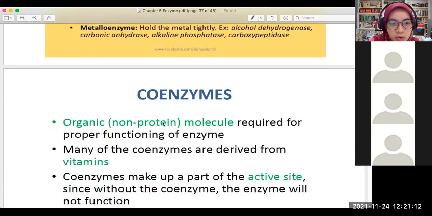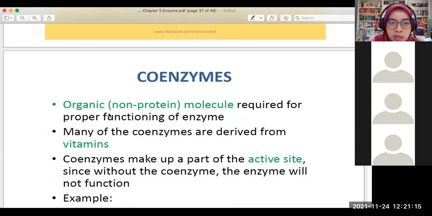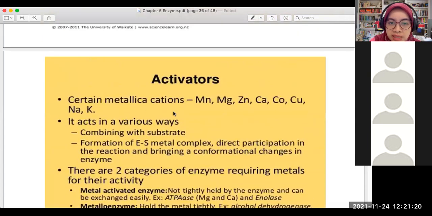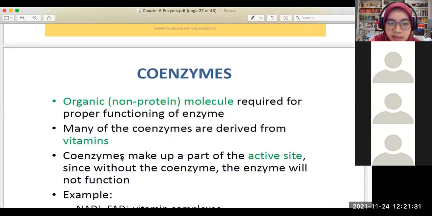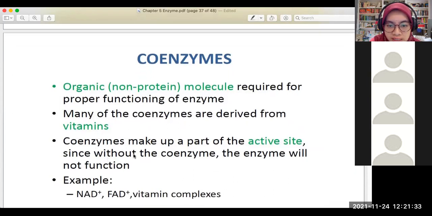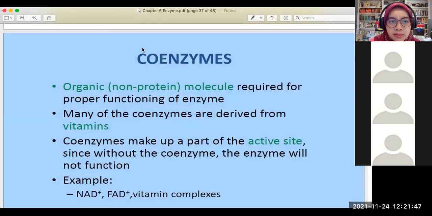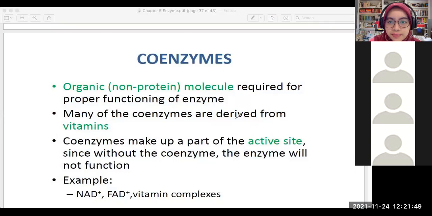We also have coenzymes. Coenzymes are organic non-protein molecules. If activators are usually metallic cations, coenzymes are organic molecules required for the proper functioning of the enzyme. Usually coenzymes are derived from vitamins, and some of them can make up part of the active site. Without the coenzyme, sometimes the enzyme cannot function. Let me draw the enzyme structure again.